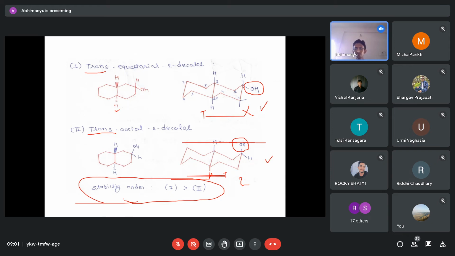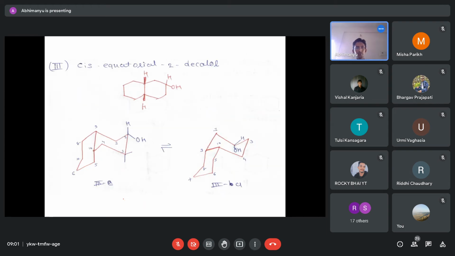These are the trans structures. Then what about the cis structure? Again, what is the meaning of cis? Okay, the first one is axial and another one is equatorial hydrogens. Again, the first one is axial and another is equatorial.